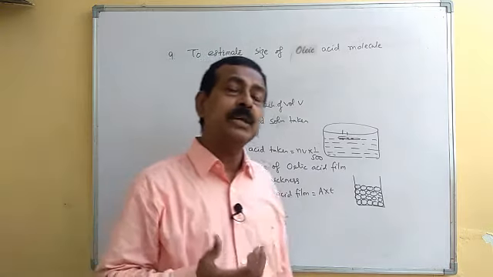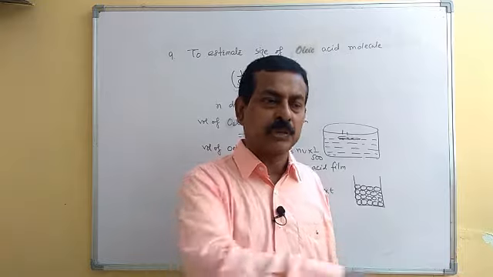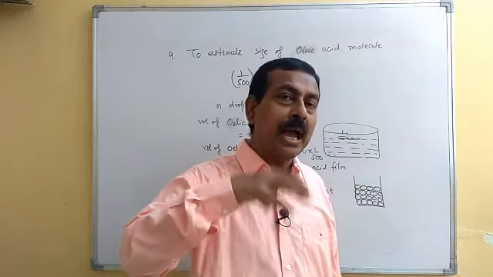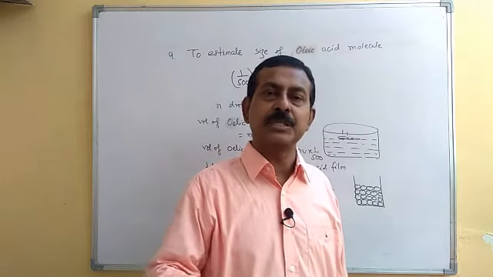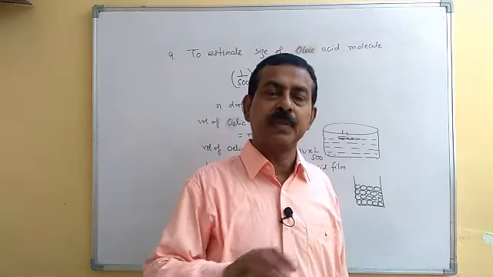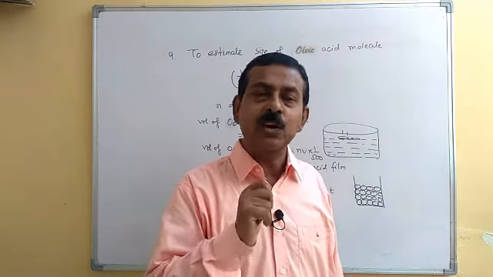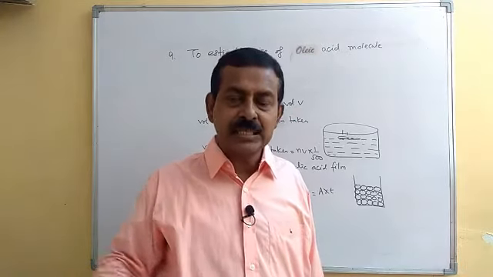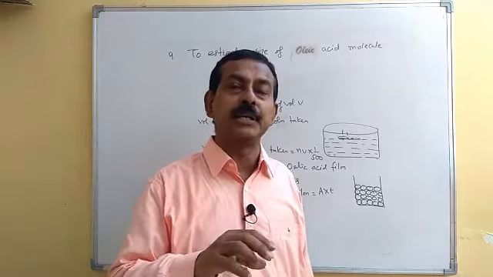Now how many layers will they form? They will form a single layer, because they will just get scattered in the room. Suppose we go on adding marble balls, they will spread over the surface of the room. A second layer of the marble balls will only start when the entire surface area of the room gets filled completely.